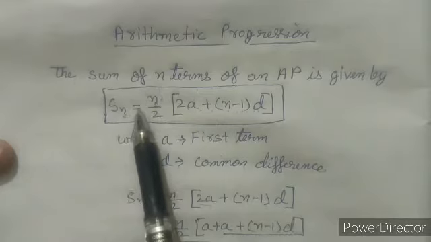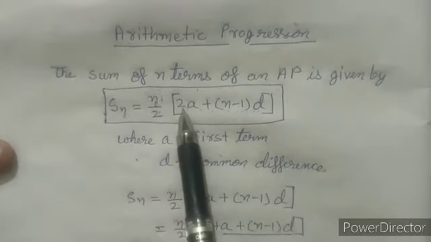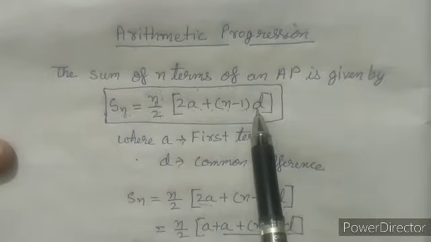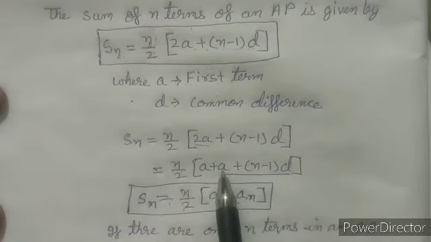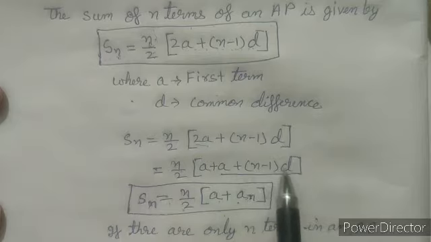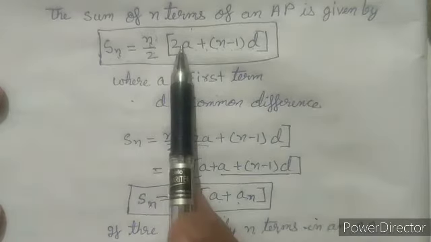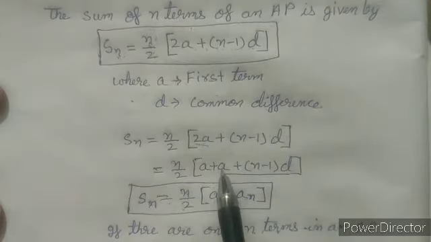Now this Sn equal to n upon 2 into 2a plus n minus 1d can be written as n upon 2 into a plus a plus n minus 1d. Here I have written 2a as a plus a.